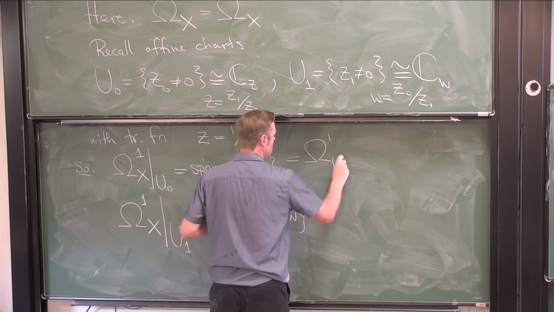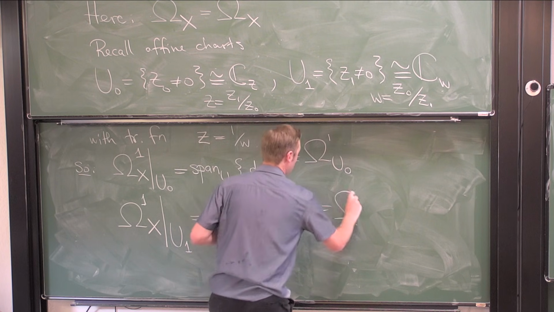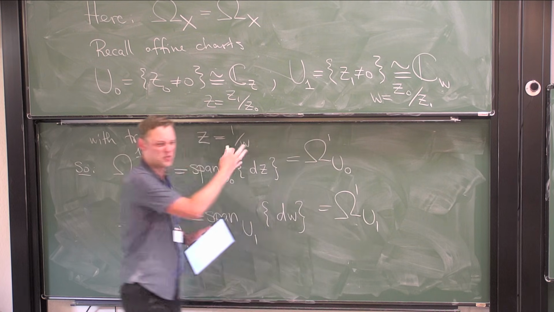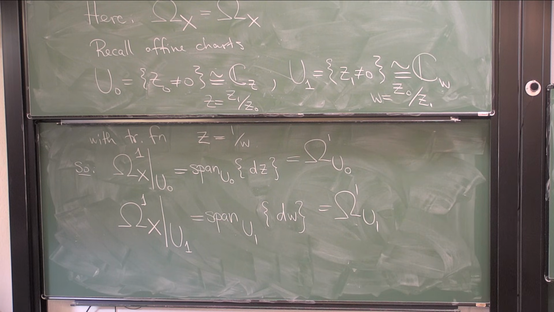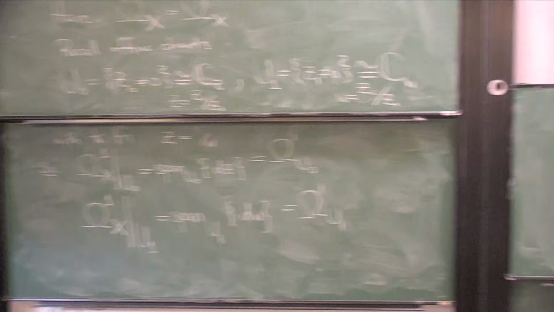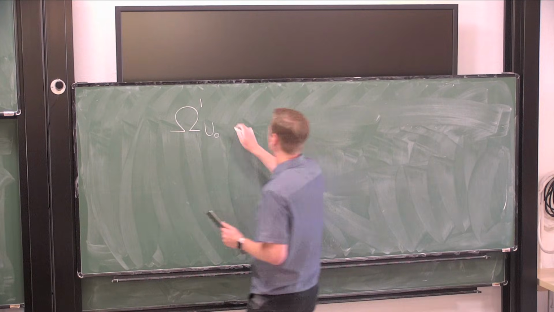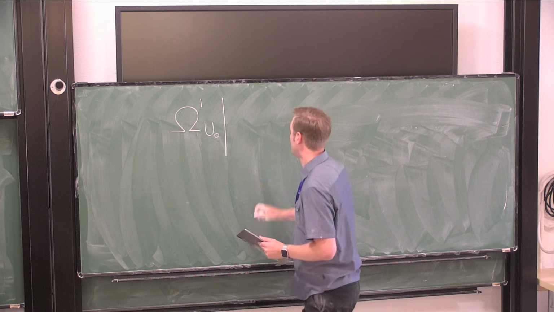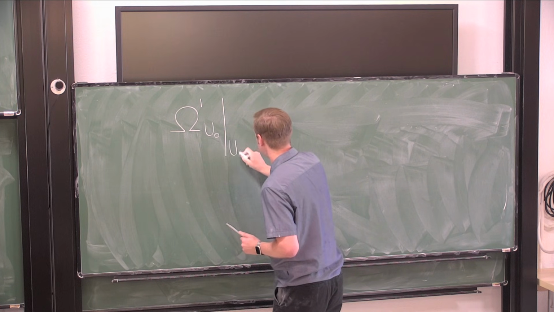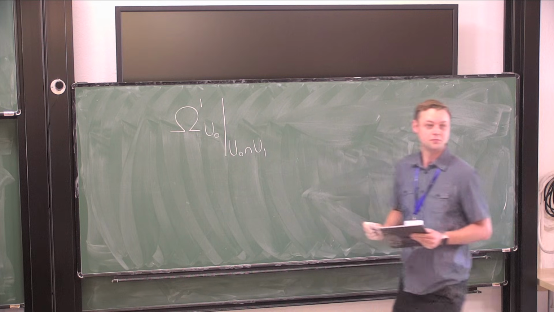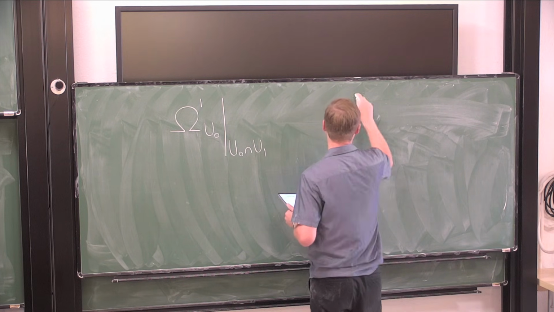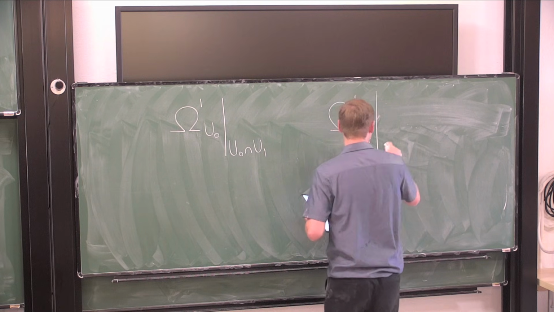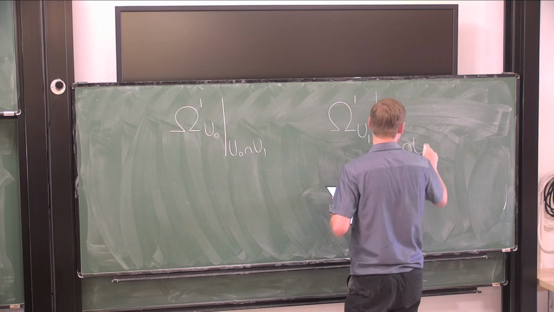Omega 1 u0 and omega 1 u1 are just restrictions of omega 1 x to these two affine charts. Now I want to tell you how they glue, and they glue over the double intersection. So omega 1 u0 restricted to the double intersection u0 u1, and the other guy, omega 1 u1 restricted to the double intersection.